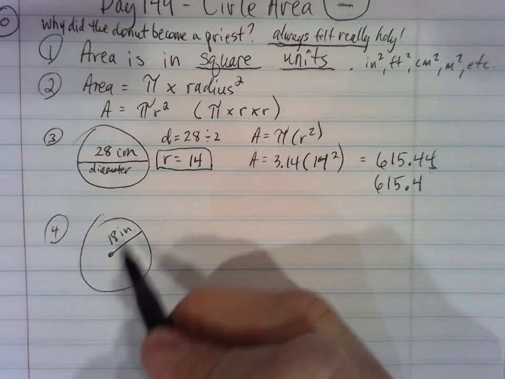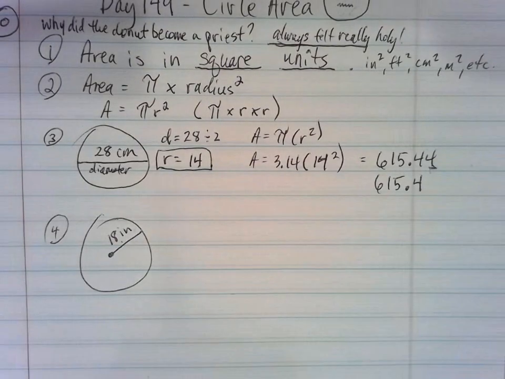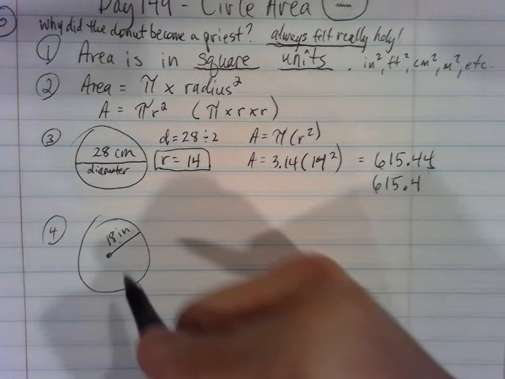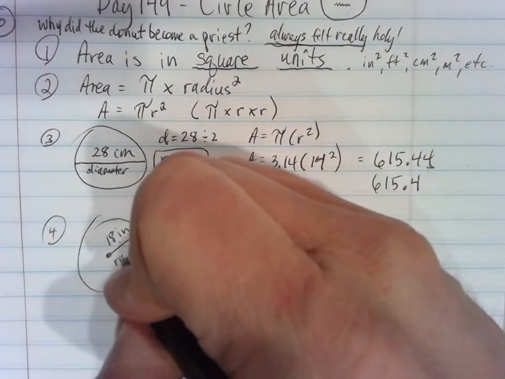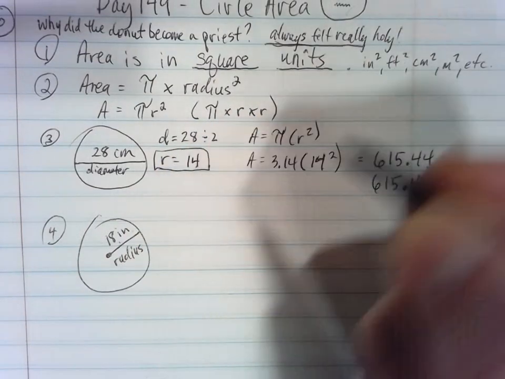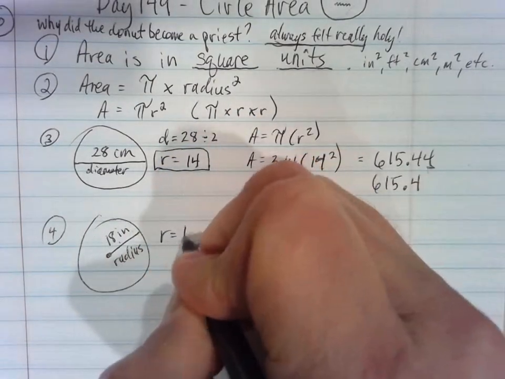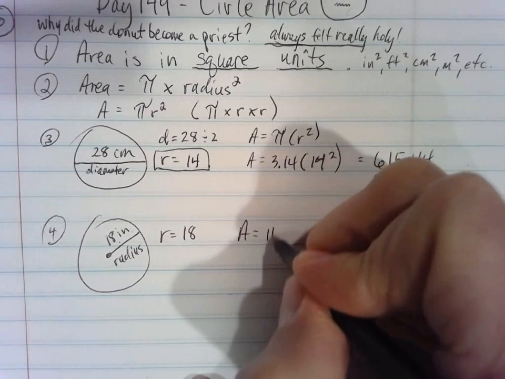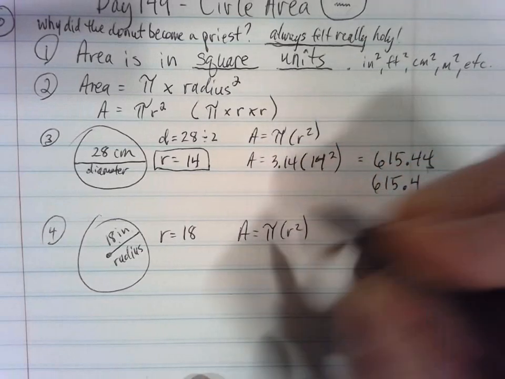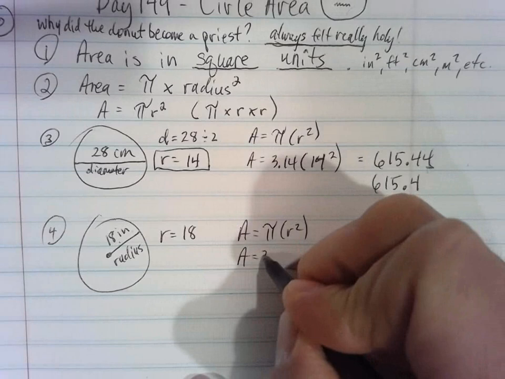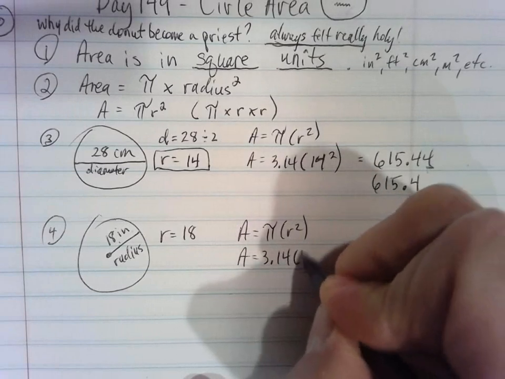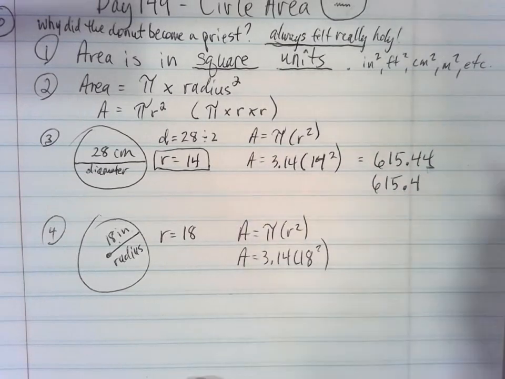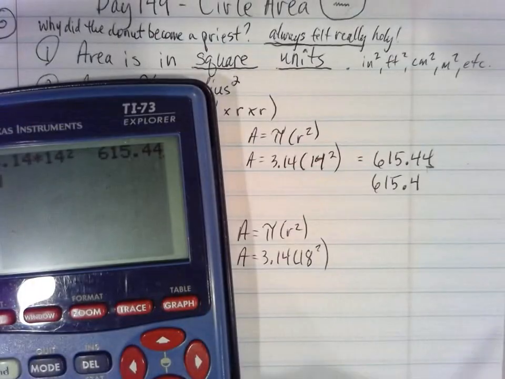In this kind of situation, they're already giving you the radius, so you don't have to worry about dividing by 2, because you already know that that right there is the radius, the one going halfway across the circle. So you know the radius is 18. You just say, I know my formula is pi times radius squared, and that is going to be 3.14 times 18 squared. Simple enough. Let's bring our blue back in here.